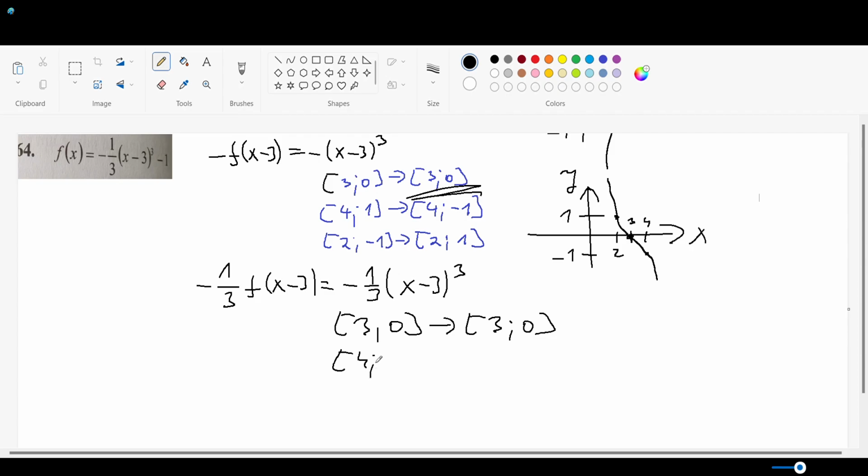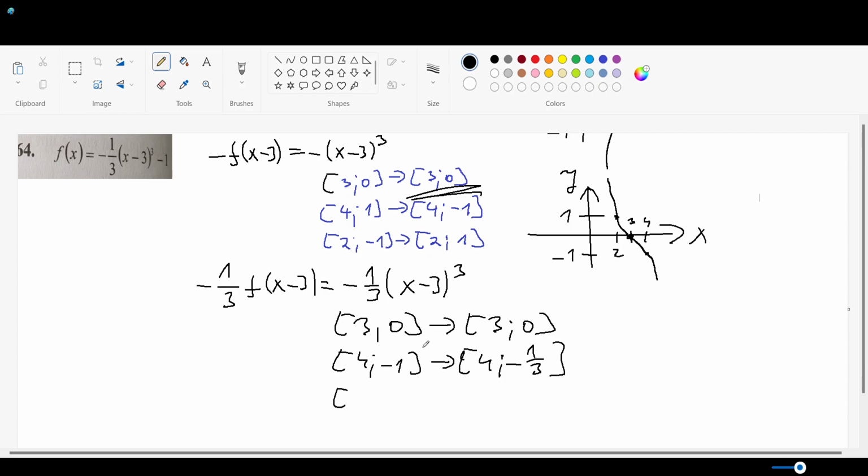But if you have 4 and negative 1, and you multiply negative 1 by 1 over 3, then you will get negative 1 over 3, because this multiplication by 1 over 3 has nothing to do with the x coordinate of our point. The only thing which will change is the y value.